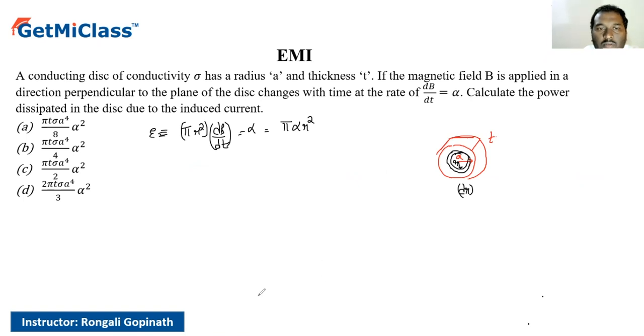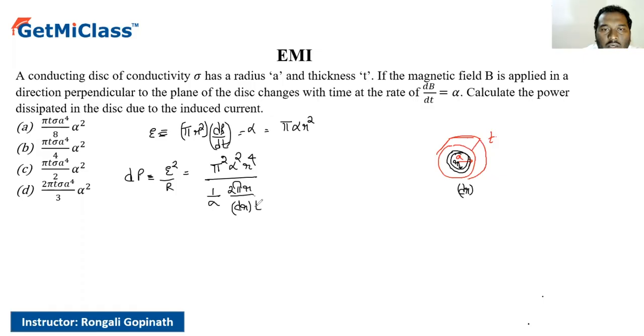We can calculate the power P equals E square by R, or the tiny power which is dissipated in that tiny ring. E square is pi square alpha square R power 4, by resistance, which is 1 by sigma 2 pi R by dr into T. That is pi alpha square sigma R cube dr into T by 2 pi.